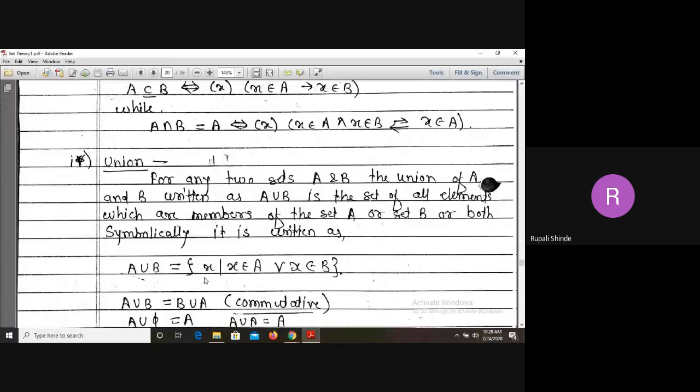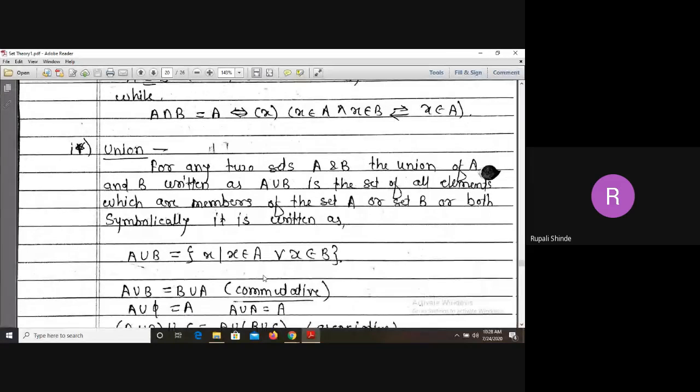If you check the difference between union and intersection, for A intersection B, what we had written here, this or is replaced by and. Then it will give you intersection. So this is the definition for union.